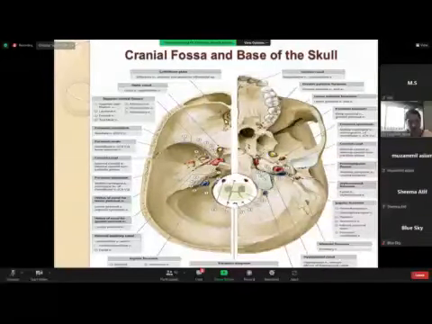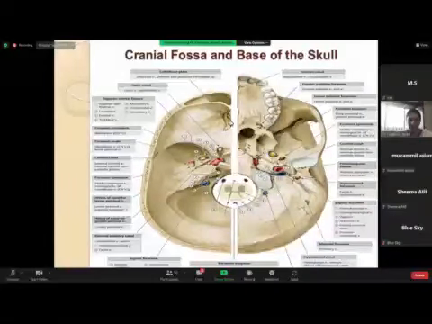Another clinically important point is that damage to this cribriform plate causes the flow of CSF from the brain to the nose.